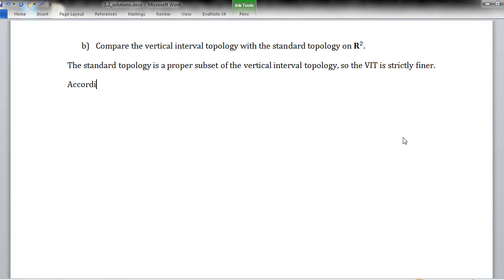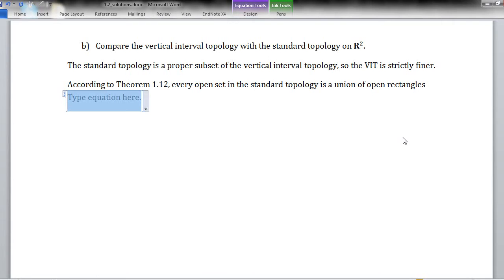And according to Theorem 1.12, every open set in the standard topology is a union of open rectangles of the form A to B times C to D. And each of these, you will notice, is a union over all x in the open interval from A to B of the singleton x times the open interval from C to D.